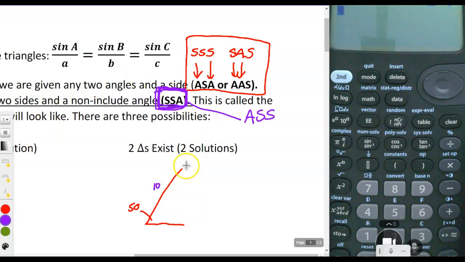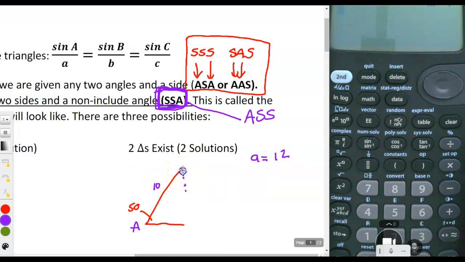Let's say this is side a, and we have this dotted, another value for this side a. There is a circumstance where side a equals, let's say, 12. So it's a little bit longer than side b, just a little bit.